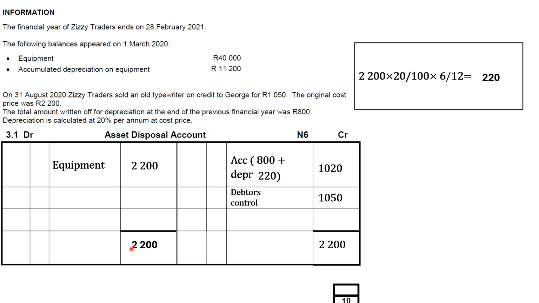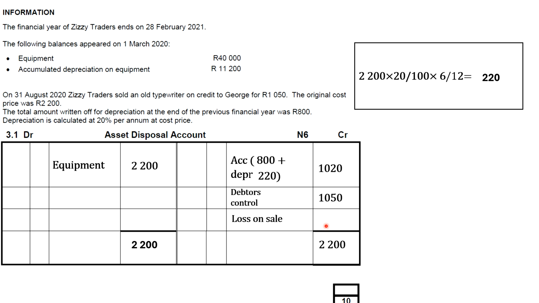If the balance carried down is on the credit side, we call that loss on sale of asset. If it's on the debit side, we call that profit on sale of asset. In our case, since the debit side is bigger, our balance carried down is going to be here on our credit side. So we're going to call it loss on sale of asset. Write it in full, it's just that I didn't have space here.